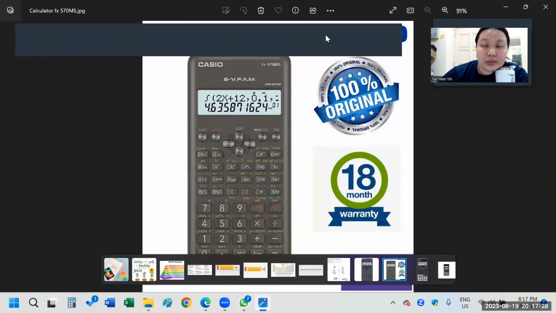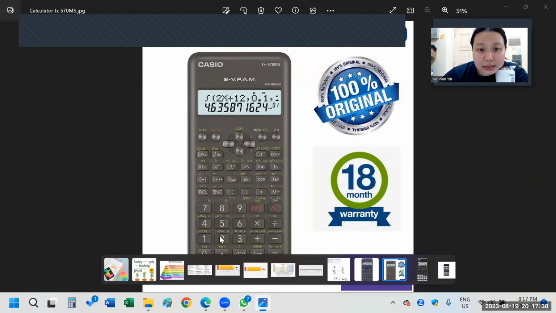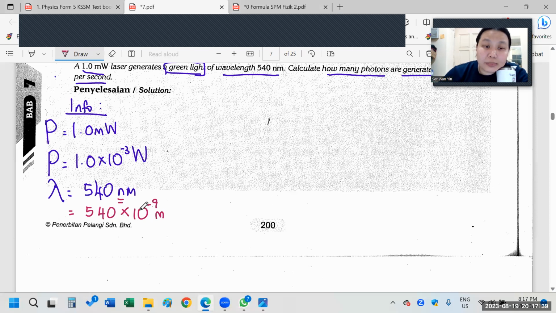Only the 570 MS has it. See, nano is above 3. So shift 3, then you will get nano. Okay, nano is times 10 to the power of negative 9.